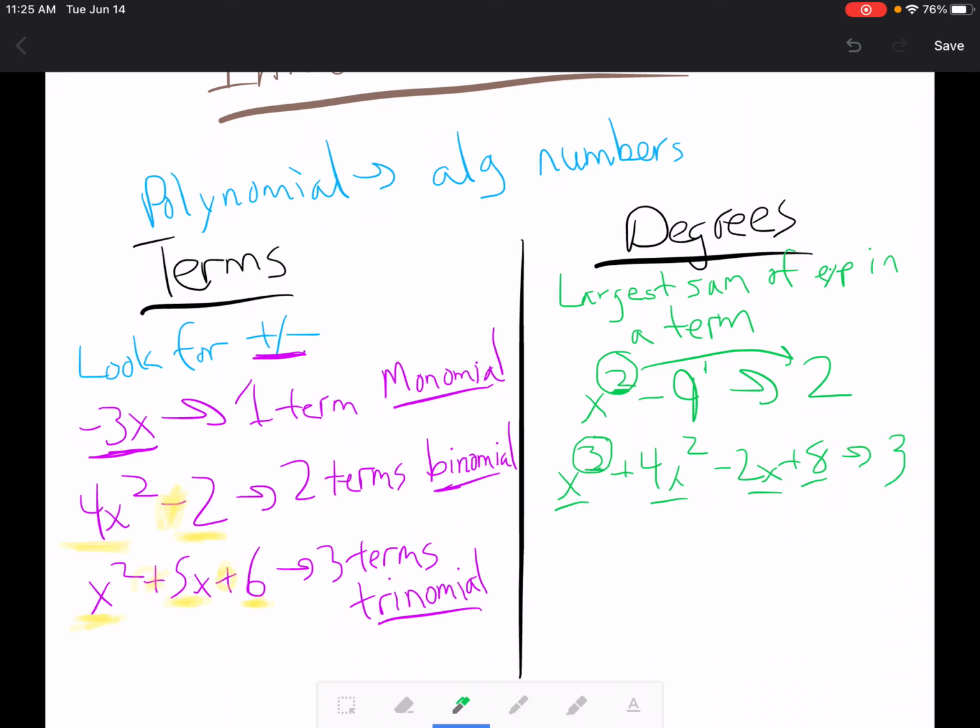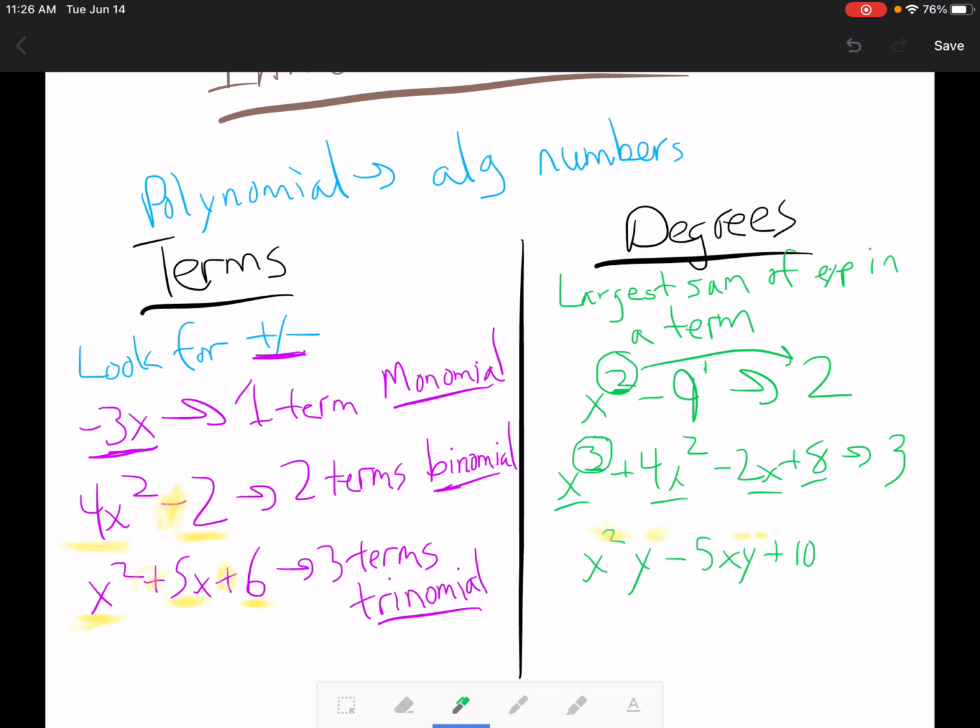Now where it gets a little bit trickier is when we have something like this. Let's say we have x squared y minus 5xy plus 10. Okay, so what I'm going to do is look for my exponents. And here I have a 2, but I have to remember there's actually a 1 right here, and then I'm going to have 2 1s right there.